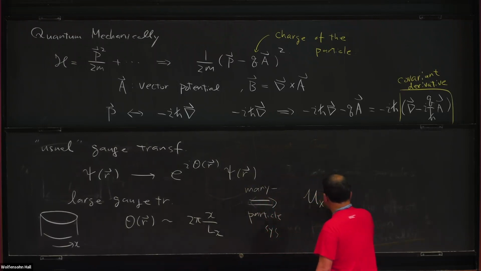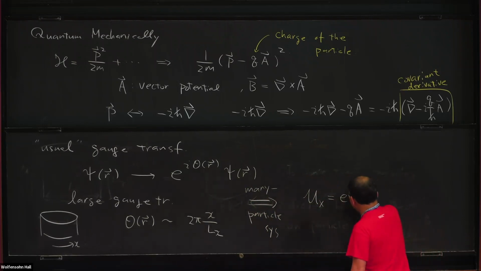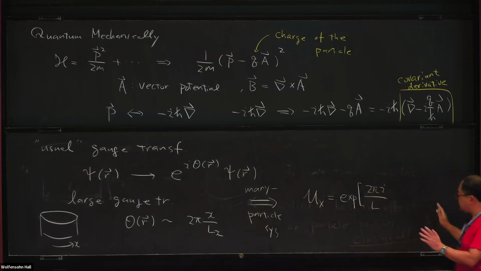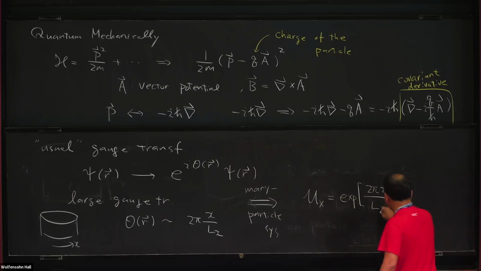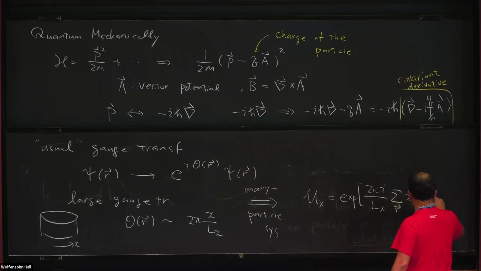So we can define a unitary operator, which is, for simplicity, I'm using the example of lattice model, but you can also define a similar operator for a system in continuum space. So this is an operator which gives you large gauge transformation for many particle system.